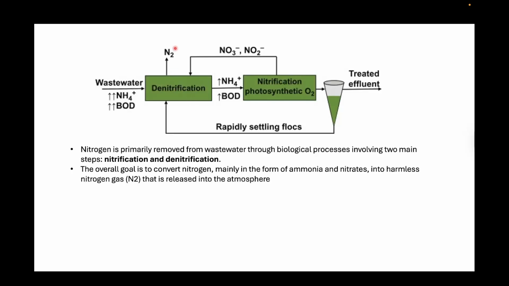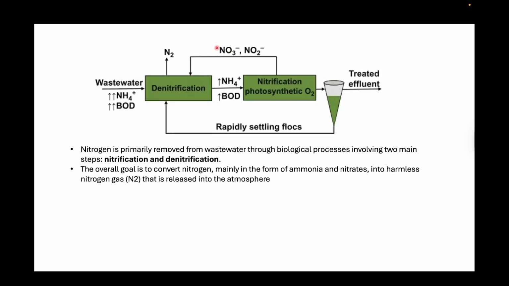Denitrification to N2, and after the denitrification chamber, ammonia levels are low, then it undergoes nitrification with photosynthetic oxygen, in which nitrate and nitrite are generated from ammonia, which is then fed back into the denitrification chamber along with the remnant ammonia, so that these can be treated again.